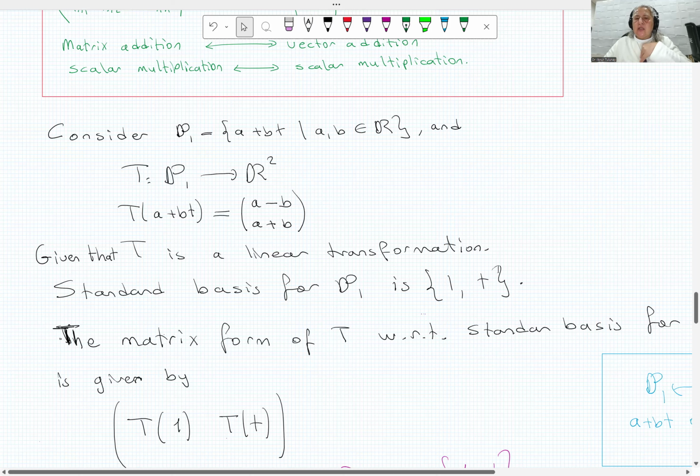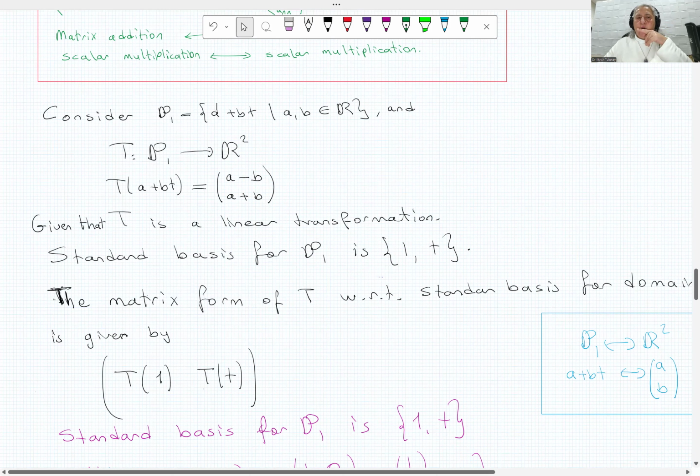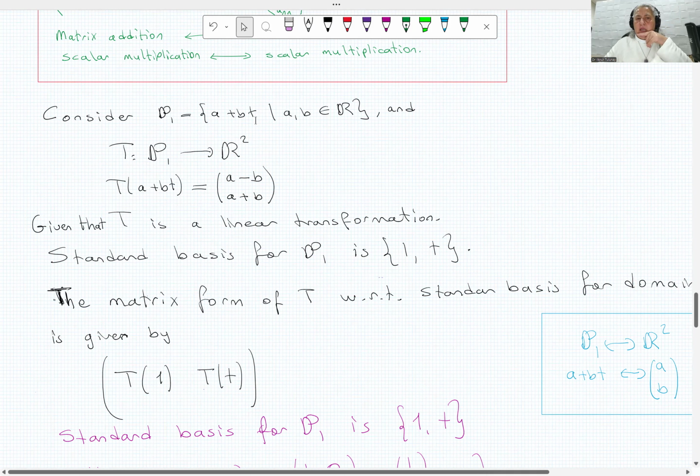So this is a linear transformation. Assume that it is given; you can prove it if you like. And we know that the standard basis for P1 is 1 and t, right? Everything is a linear combination of 1 and t.